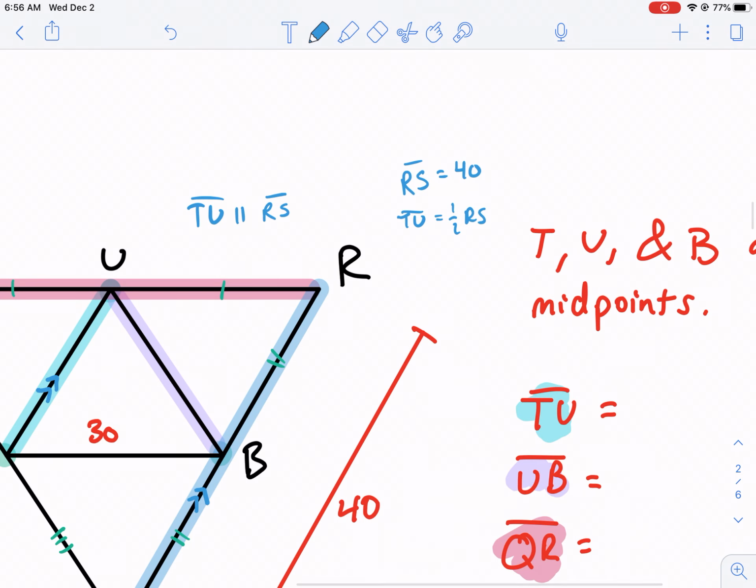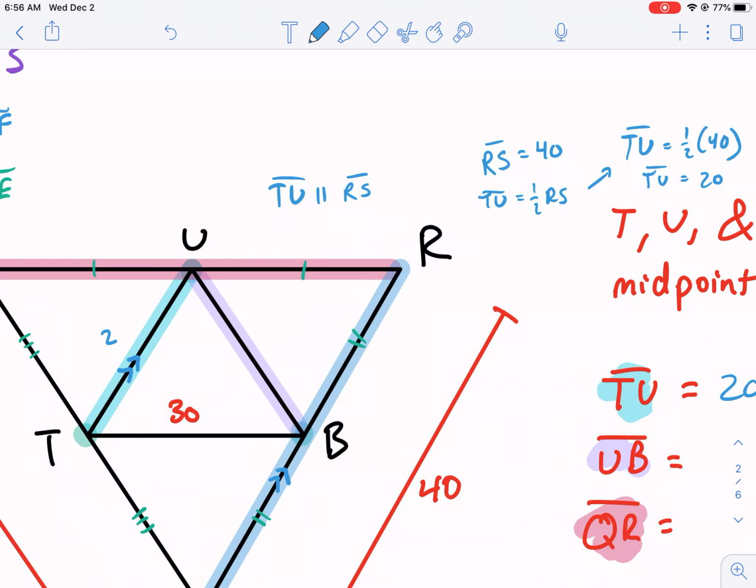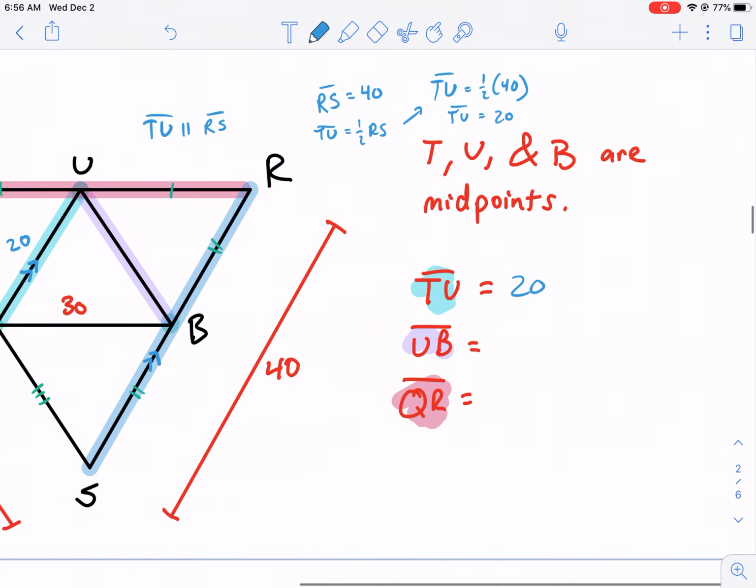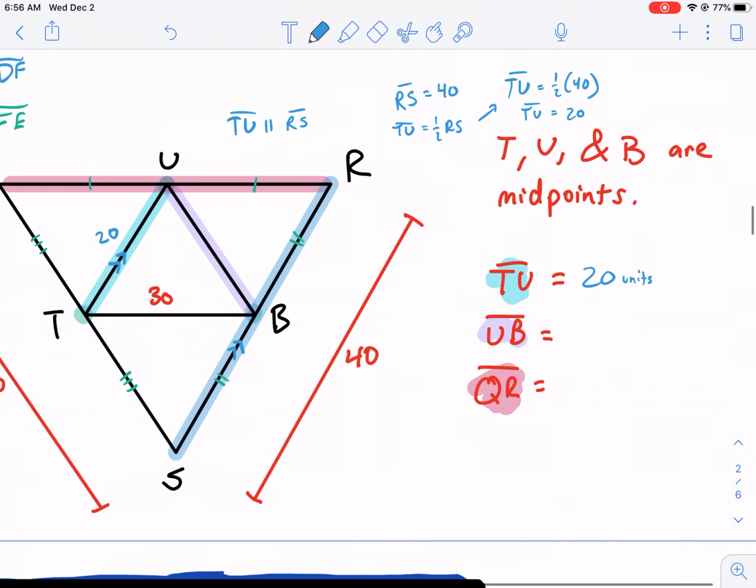We know RS is 40, so TU equals 1/2 of 40. So TU equals 20. So we have our first answer. This is 20 units long. And I guess you should write units. It doesn't give units, feet, centimeters, anything like that, so we're just going to call it 20 units.